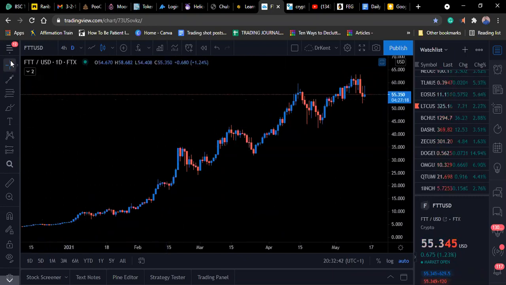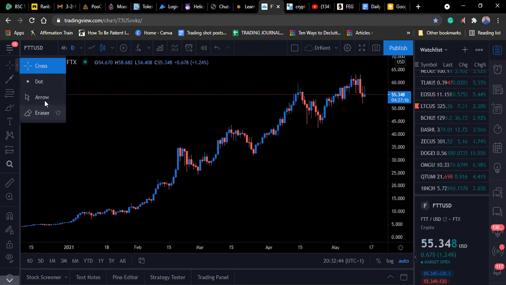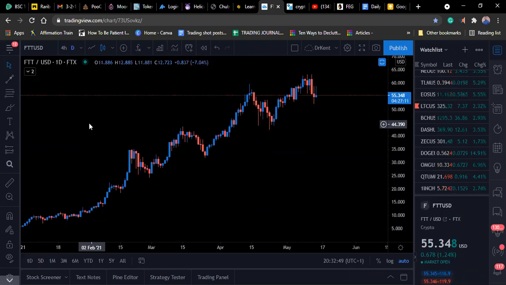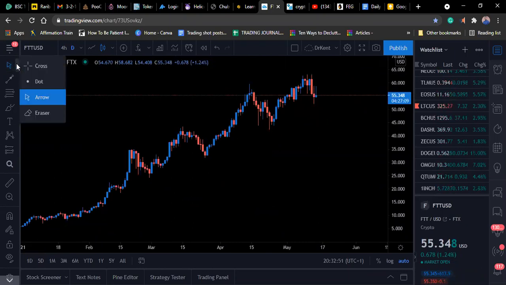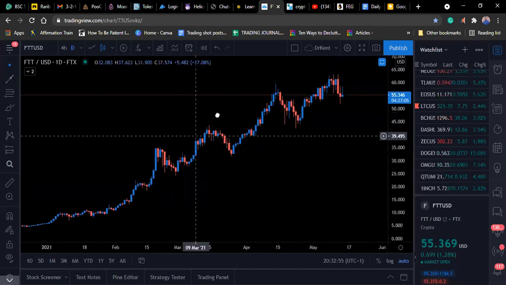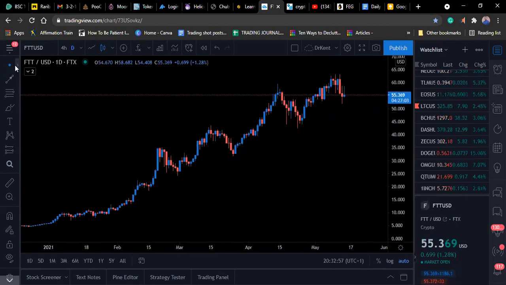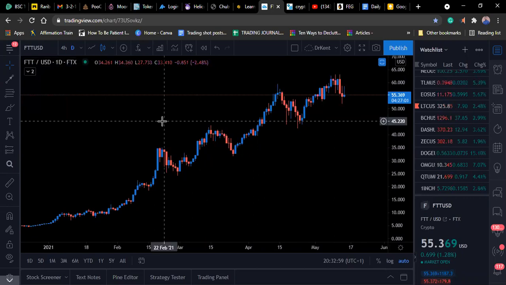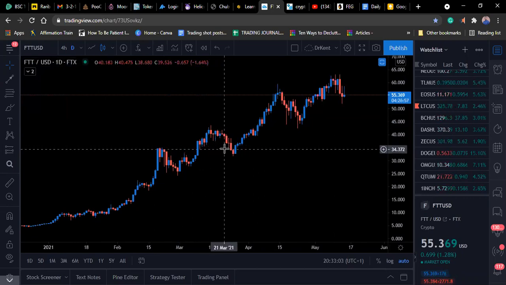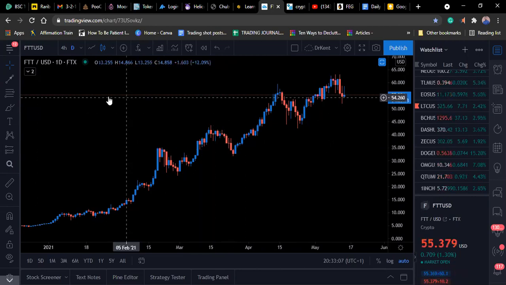So here, these are the tools. You can decide to use arrow, I'm using arrow now. You can decide to use dot or eraser, but I usually prefer to use the cross because it helps me draw a line when I don't want to use my lines.